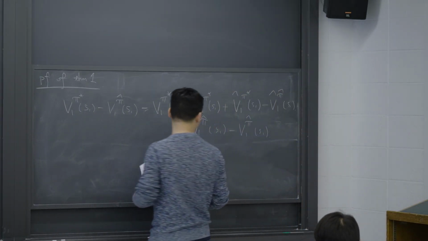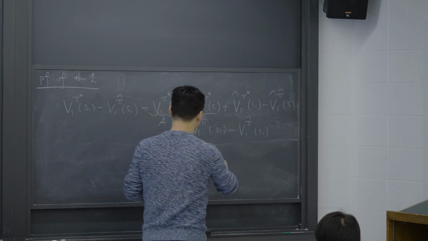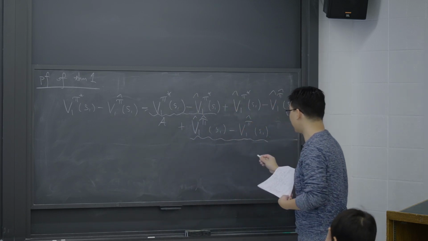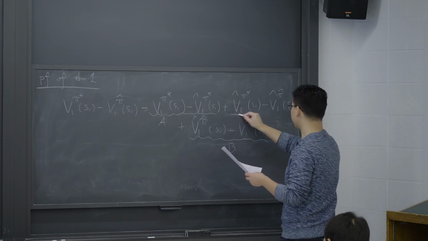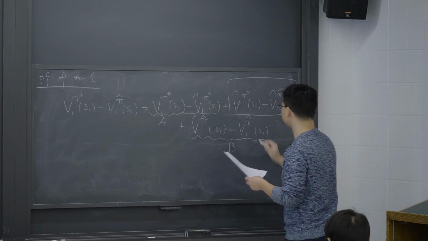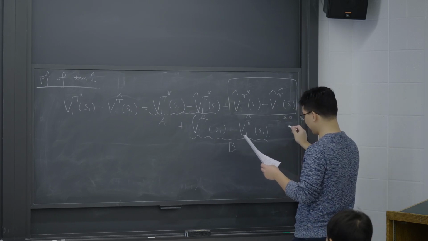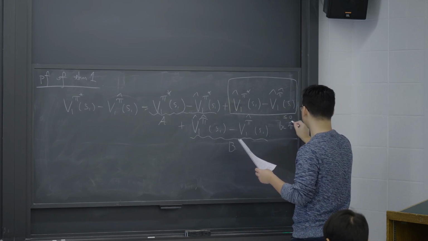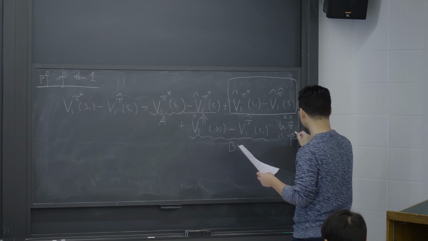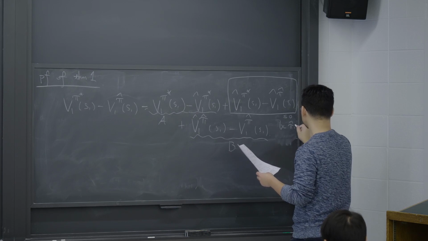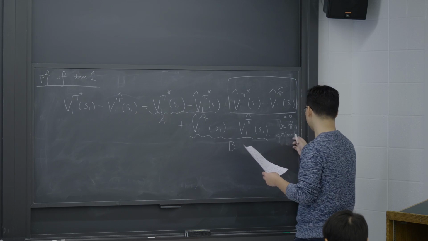Okay. So this is precisely equal. And now we have 3 terms, essentially. We will group the first 2 together as a term A, and group the last 2 terms together as term B. And for this middle term, we know this is always smaller than 0 because pi hat is actually optimal for m hat.